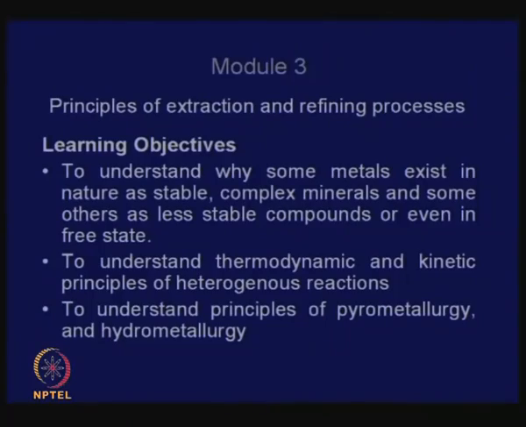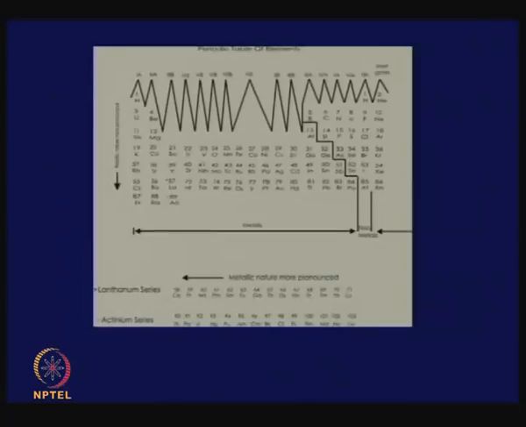Now, before we start, we need to know why not all metals are similar in reactivities. First of all, you know that we make a distinction between non-metals and metals.